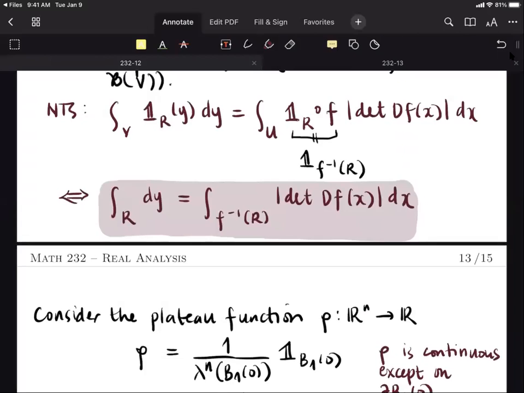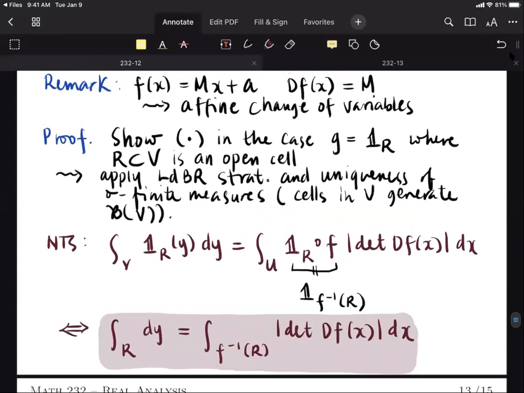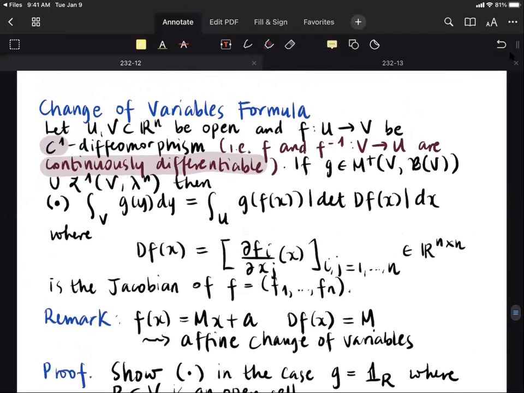So we have established this equation, and according to the beginning of the proof, if you apply the Lebesgue-Dubois-Reymond strategy, and then apply the uniqueness of sigma finite measures, knowing that cells in V, open cells in V in particular, generate the Borel sigma algebra, you now obtain this change of variables formula in the case of C1 diffeomorphism.